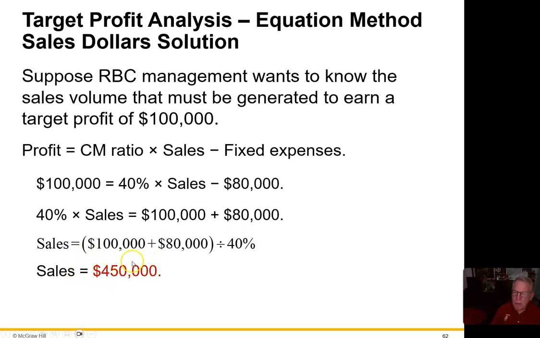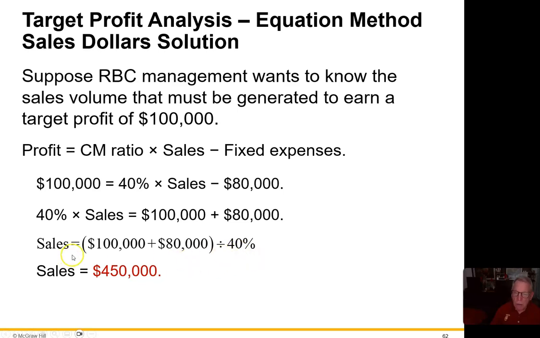And finally, we break that down to the 100,000 target profit plus the 80,000 fixed cost divided by the contribution margin ratio.